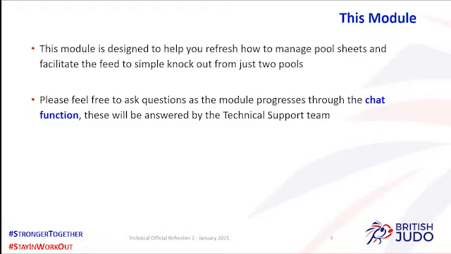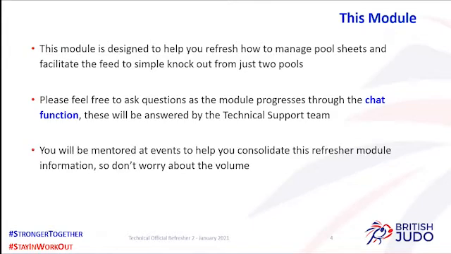Feel free to ask questions all the way through, but it must be via the chat function. Just type it in and either Andy or Pete will answer your questions. If these overspill right until the end, we'll have a short session to answer the questions that remain.